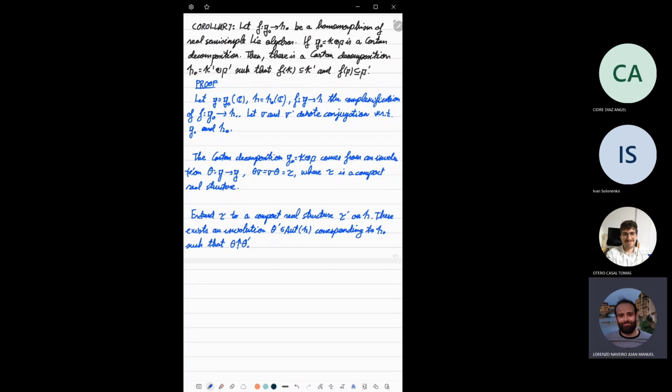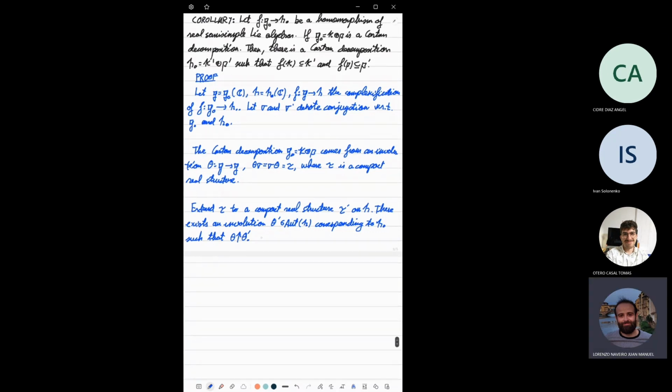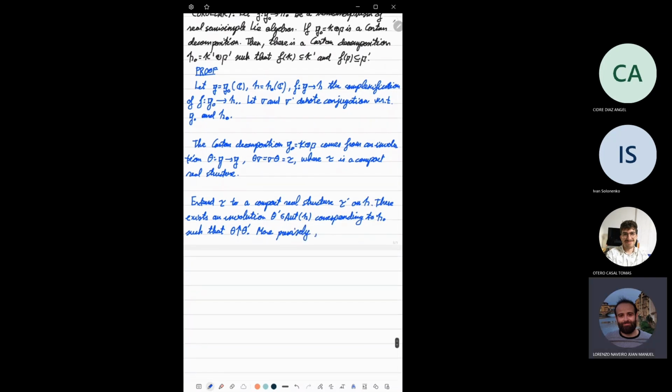And in fact, we can be more explicit about this, because if we revisit the proof, essentially we obtain that theta prime could be written in the form theta prime equals beta sigma prime beta minus 1 tau prime, where beta was an inner automorphism that extended the identity.